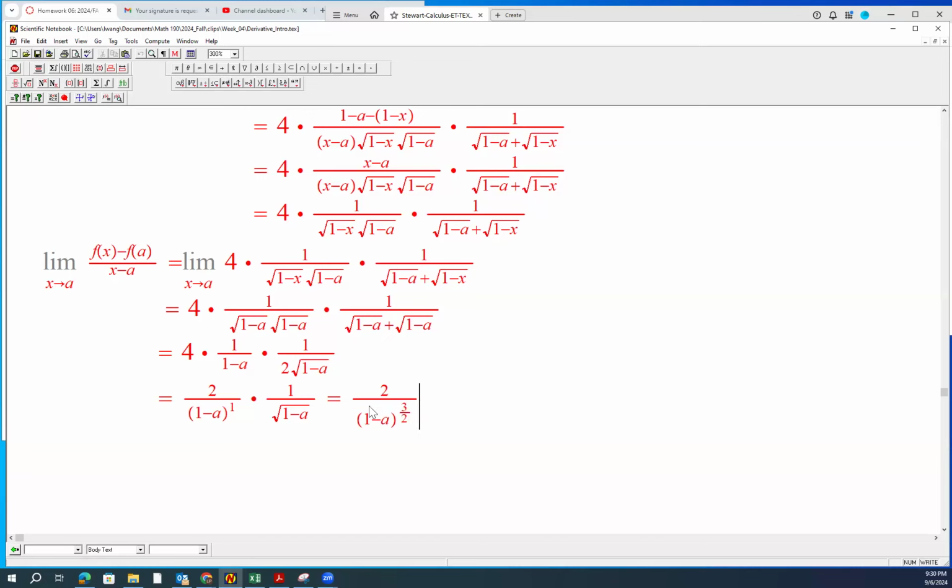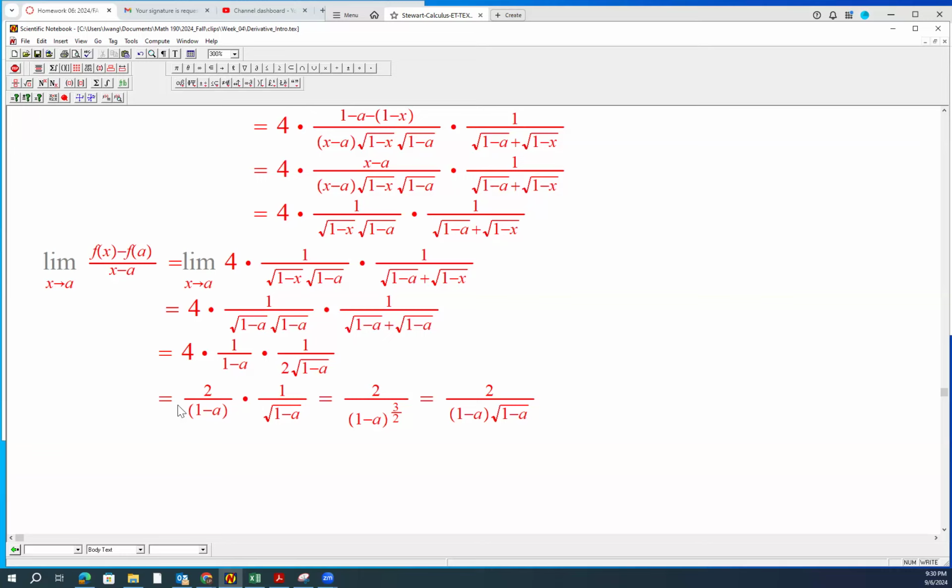If you don't, you can just leave it in this form. Or another form, you can keep the answer as 2 times 1 minus a and the root of 1 minus a. That's your answer as well. So either one works.